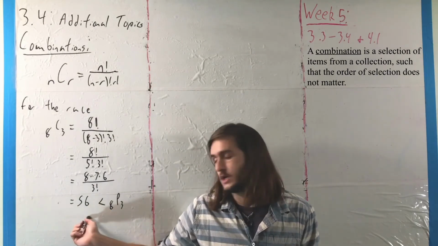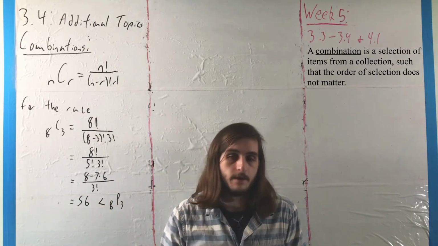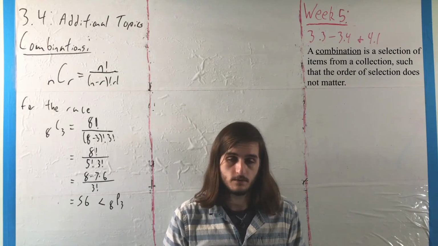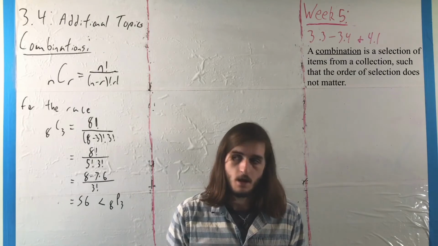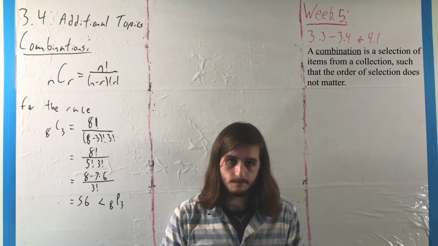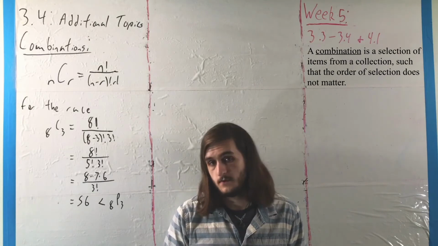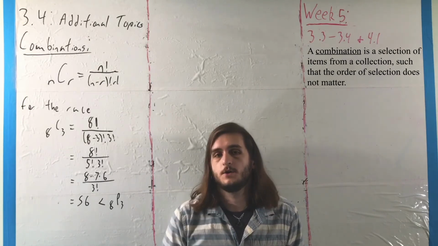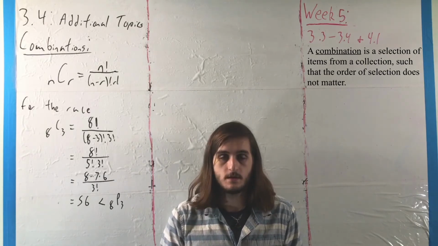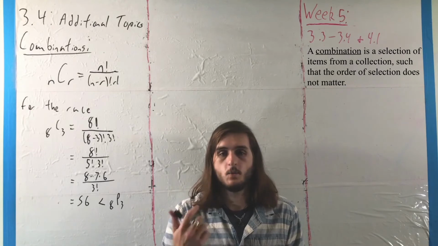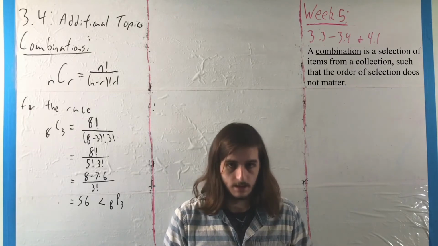But generally, we have that permutations for the same number from a group of the same size give far more options, which, if you think about it, should make sense. If all you're doing is selecting groups of things, you won't have as many as if you care about the way those things are presented.